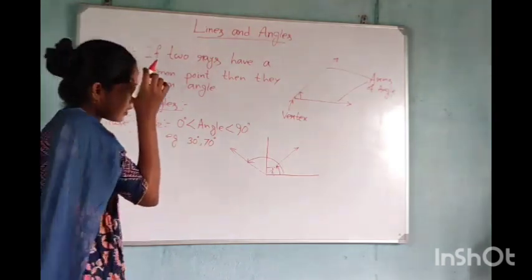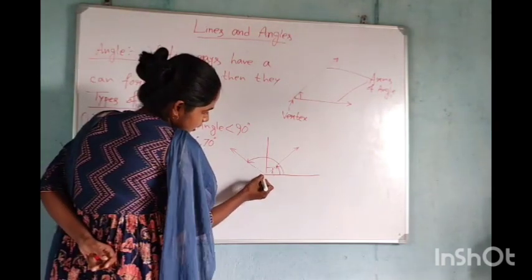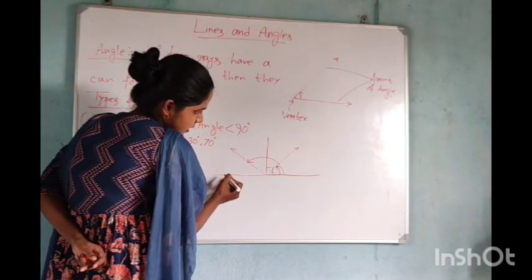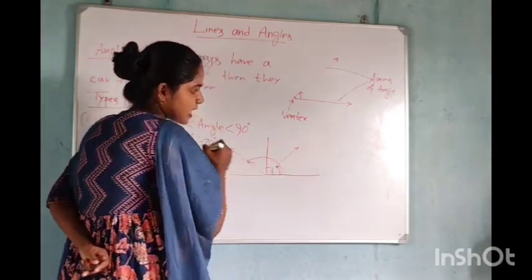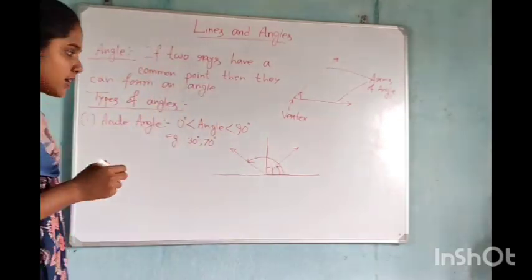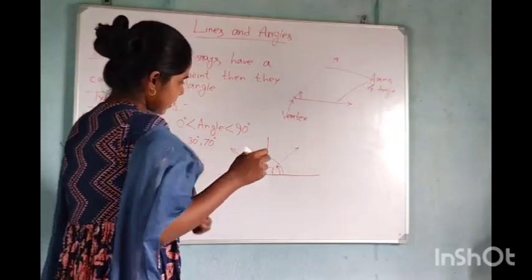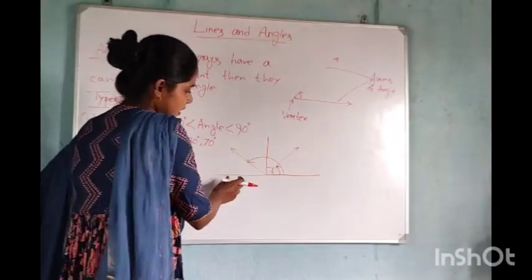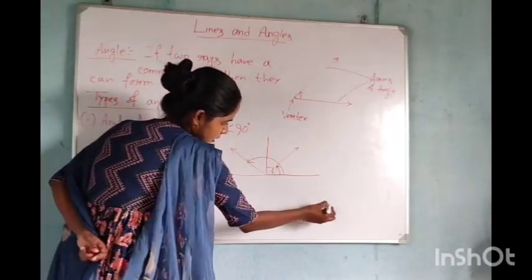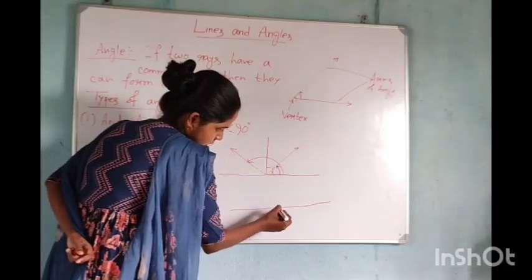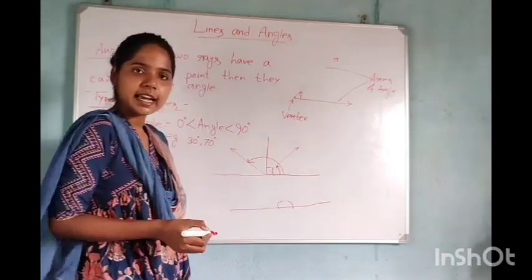So wherever the angle is greater than 90 degree, and this is a straight line, a straight line angle is 180 degree. So wherever the angle is greater than 90 degree and less than 180 degree, because this whole angle is also a right, this is a 180 degree angle, okay?